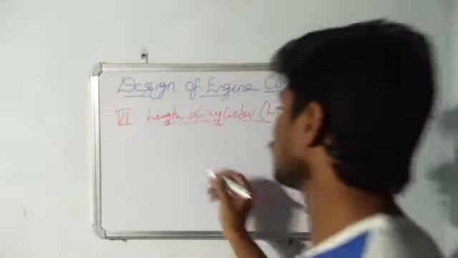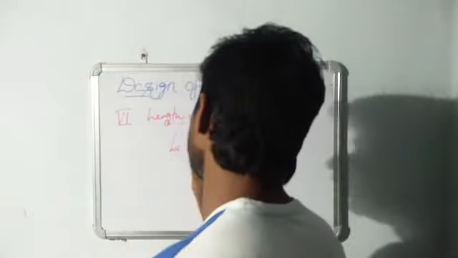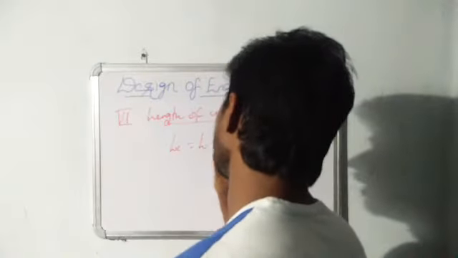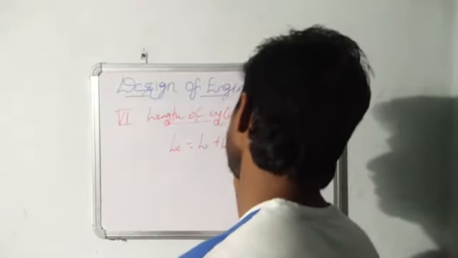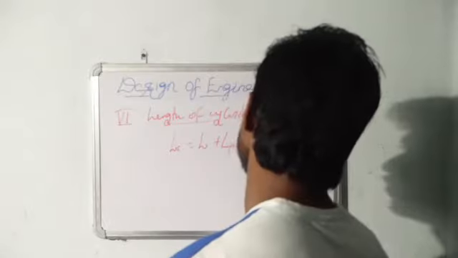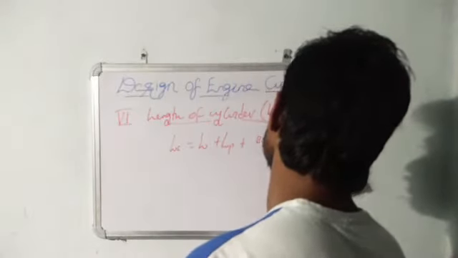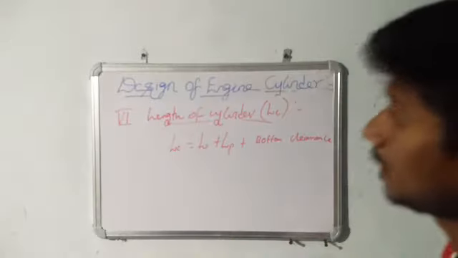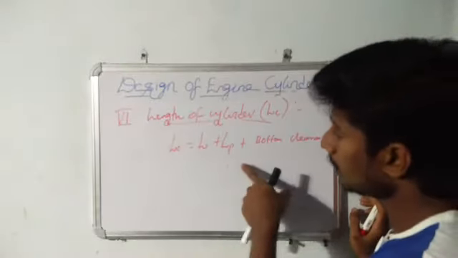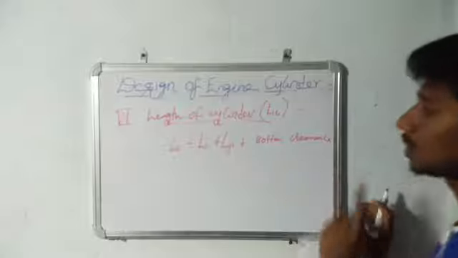LC equals L plus LP plus bottom clearance, that is, length of the stroke plus length of the piston plus bottom clearance.